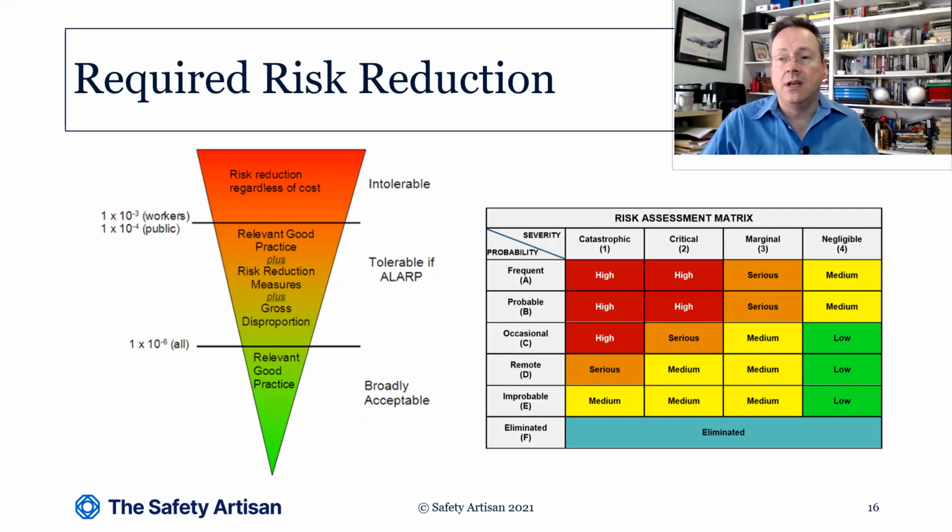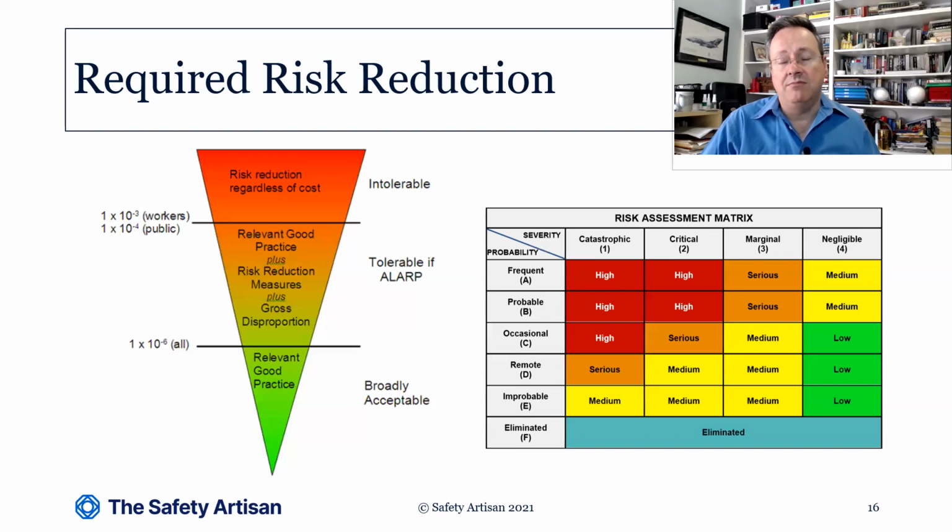So on the left, we have what's usually known as the ALARP triangle, okay? It looks a bit like a carrot, where the width of the triangle indicates the amount of risk, okay? So at the top of the triangle, we've got lots of risk, and if you're in the UK or Australia, where I now live, this is the way it's done.